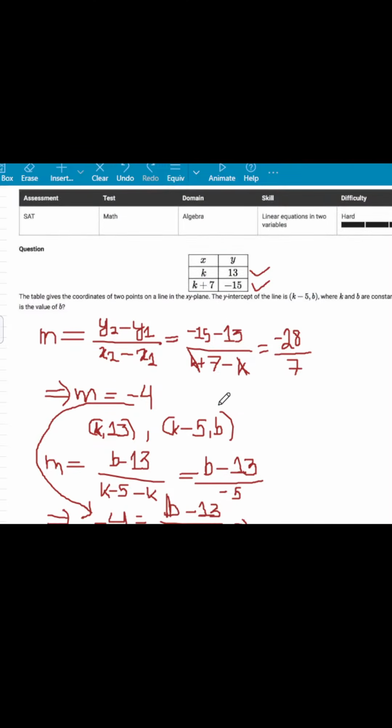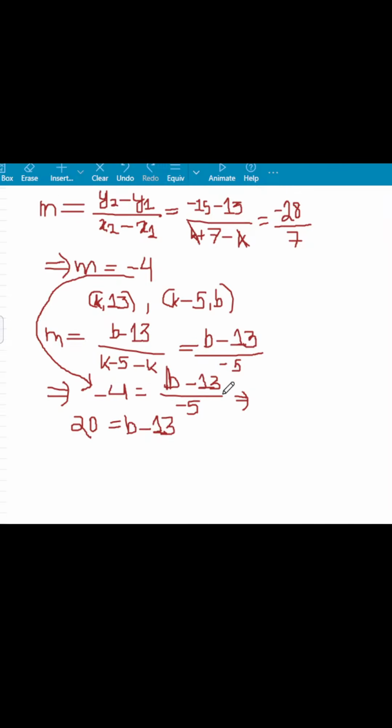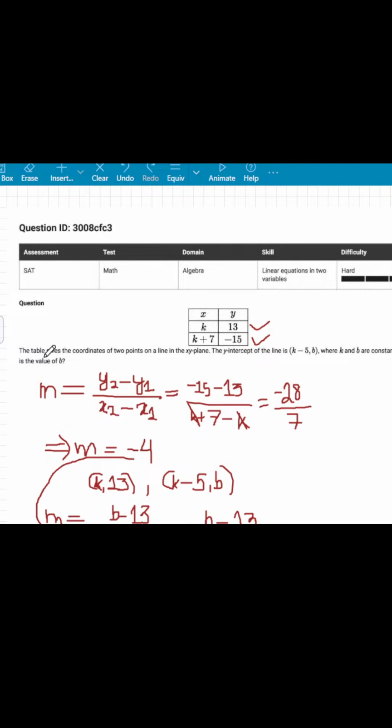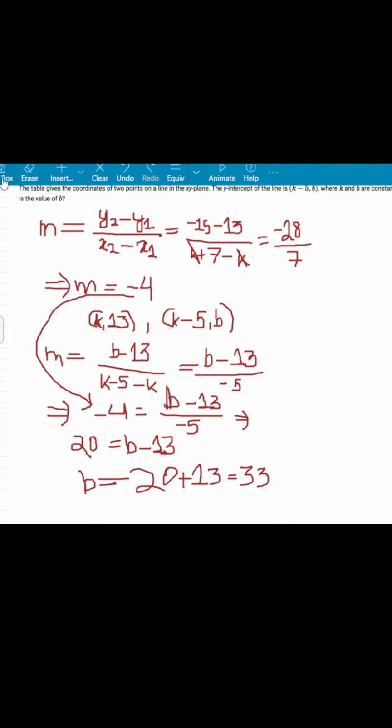Okay, then we get b is equal to 20 plus 13, which is then 33. 33 will be the correct value of b, so that will be the answer here. Write that.